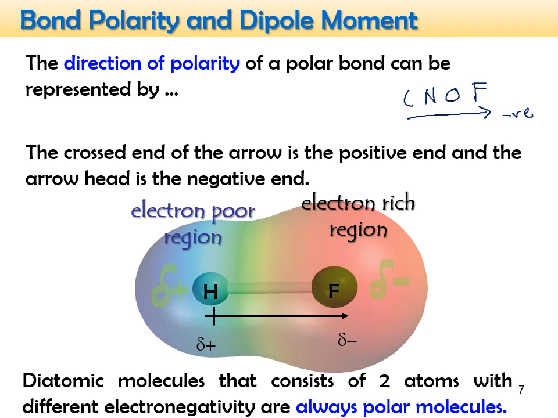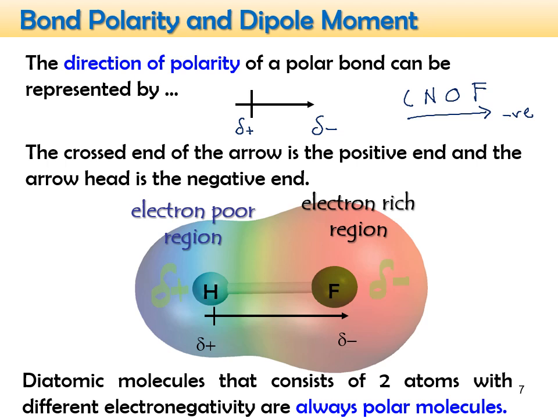So how can we show the direction of this polarity? We can use this symbol. This sign means from partially positive to partially negative.